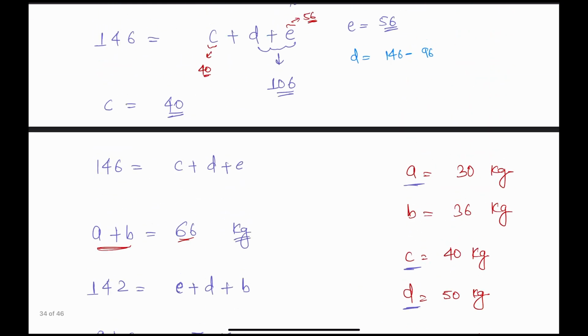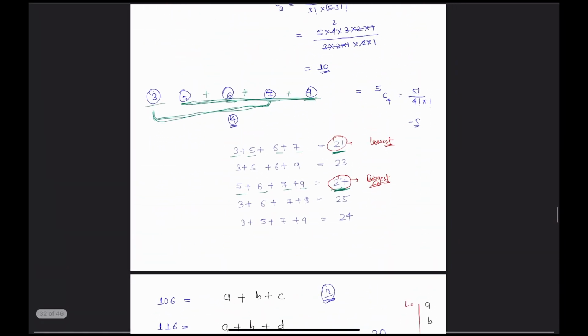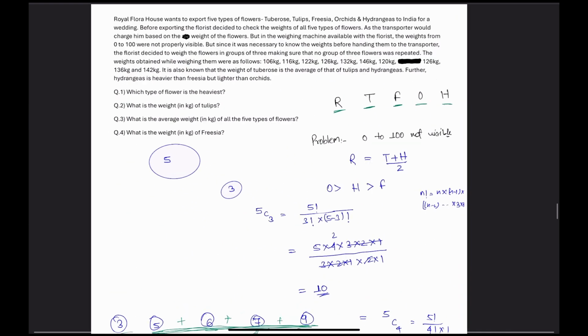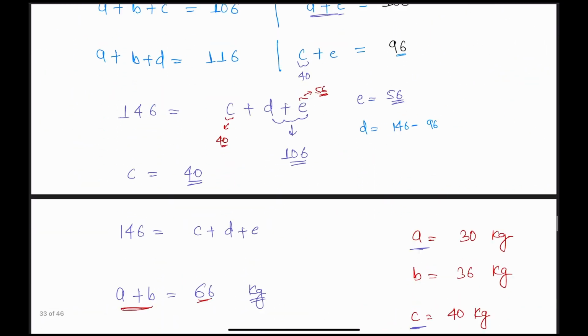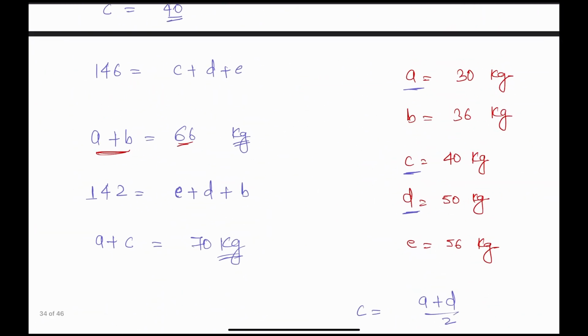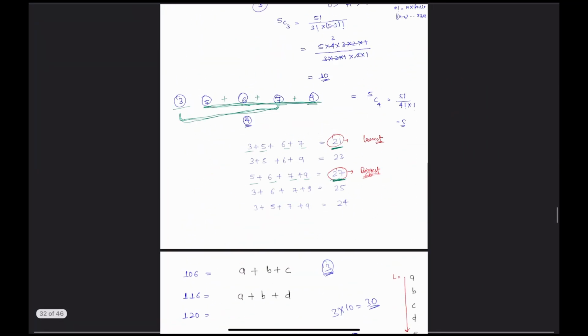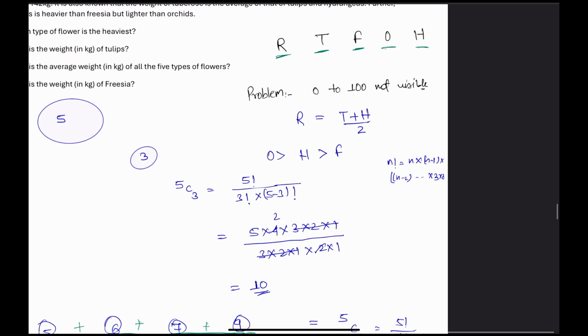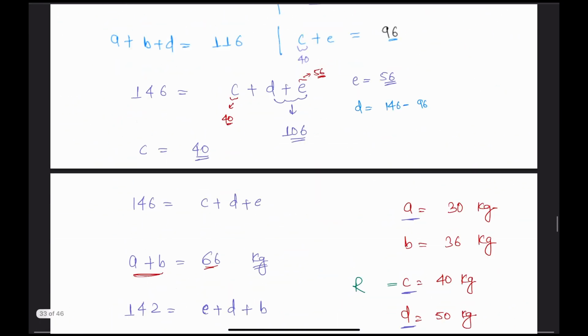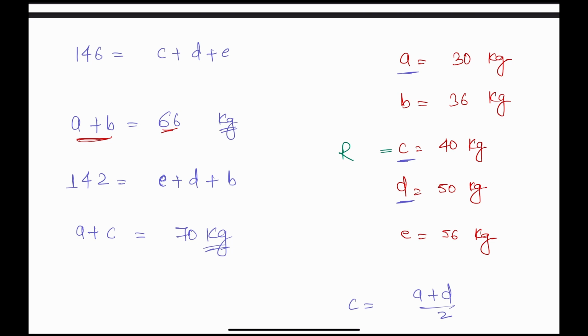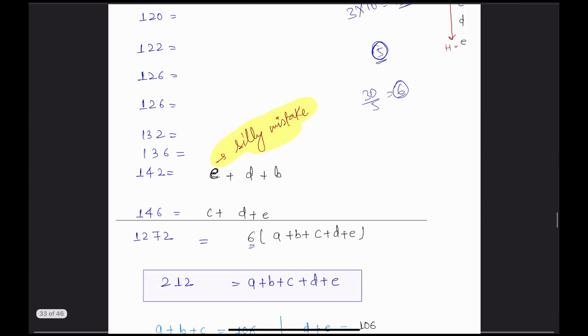So what is C then? Our final answer, C is nothing but R. And A plus D is either T or H. So A plus D is either T slash H. Okay, one condition is done.